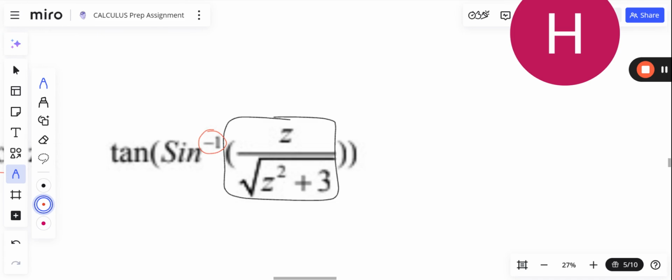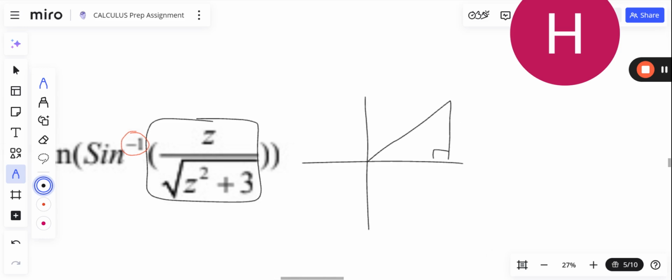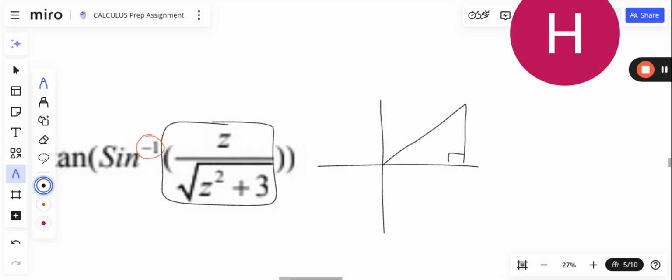Here is the inverse symbol, which means we should draw a triangle. And there's no need to assume that it's negative. I don't see that z is negative, so let's just draw it in the positive space. Doesn't have to be to scale, doesn't have to be proportional, none of that. It's just a simple diagram so we can label sides. Sine is the ratio of the opposite to the hypotenuse.